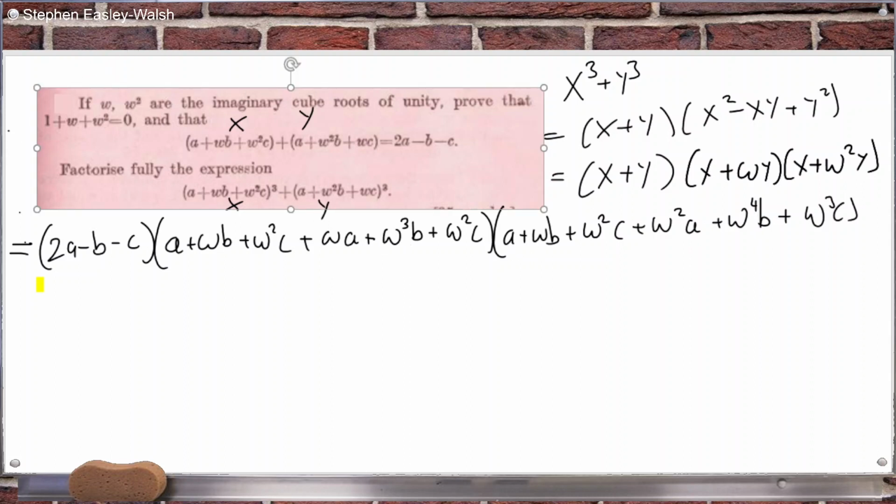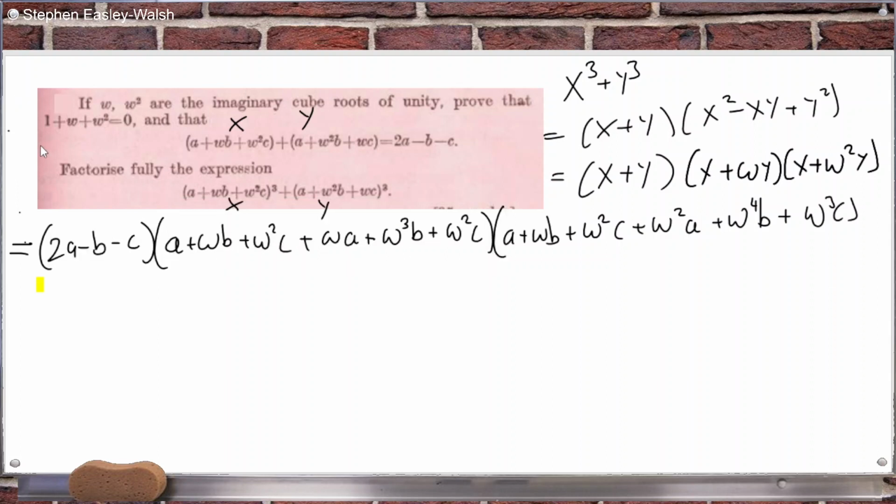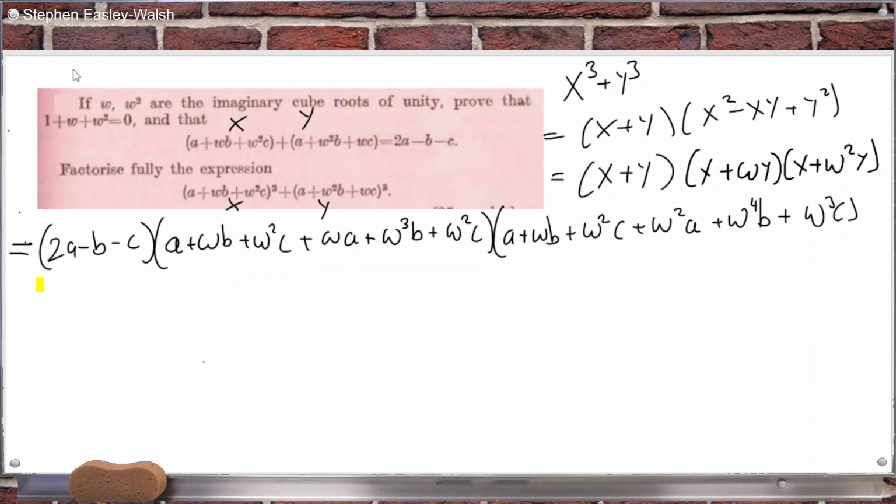Omega cubed is 1. So I can actually... what's gone wrong? Okay. Omega cubed is 1, so that's gone. And that's gone. And omega 4 is omega cubed times omega.